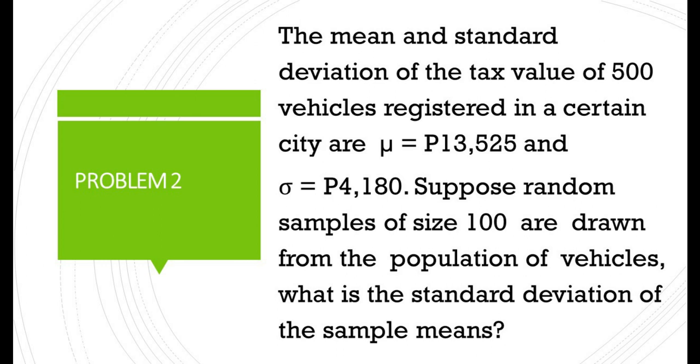What is the standard deviation of the sample means? First thing that we need to do is to identify the given. So our population size is 500. The sample size is equal to 100. The population mean is 13,525. And the population standard deviation is 4,180.